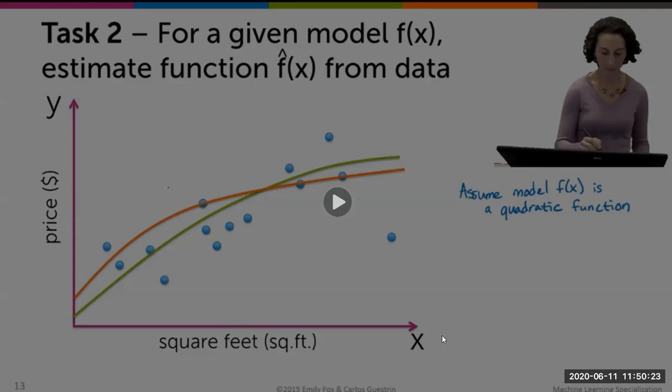So what did George Box say? Essentially, all models are wrong, but some are useful.